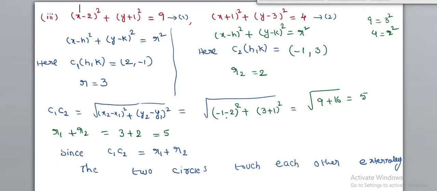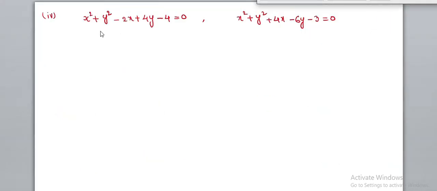Okay. Next problem, write down. x square plus y square minus 2x plus 4y minus 4 equal to 0, and x square plus y square plus 4x minus 6y minus 3 equal to 0. Given circles, the first one S equal to 0, the second one S dash equal to 0.